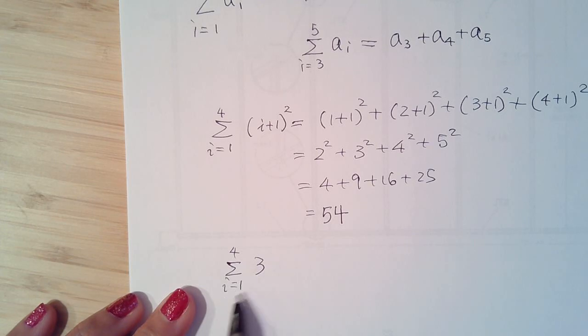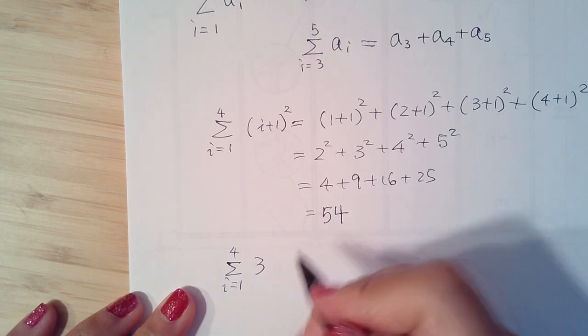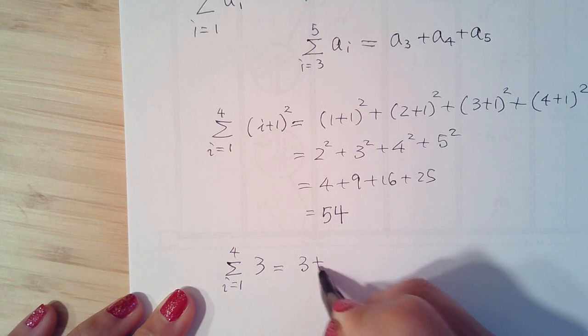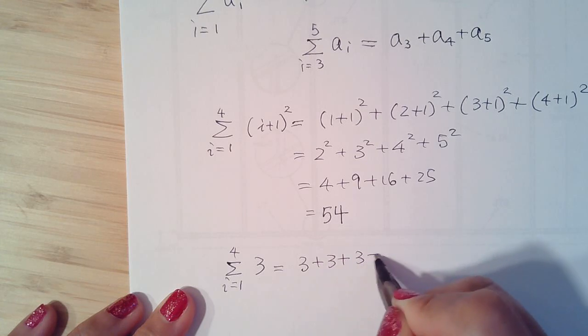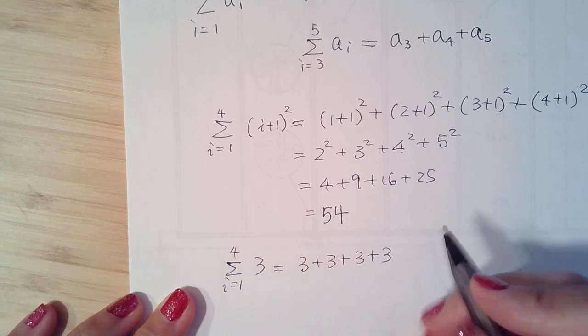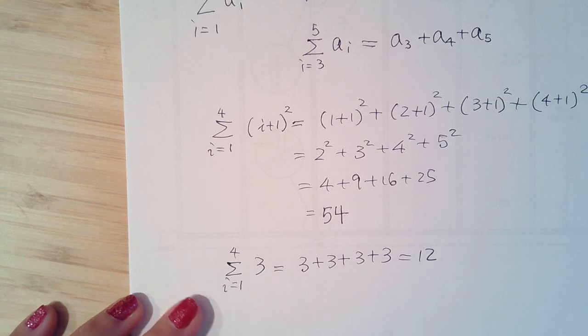But I want to add them up. The index goes from 1 to 4, so there should be 4 terms. I need to add them up, and each term is the same. Okay? So that's 12. So don't be tricked if there's no i here. No i means just use that number.